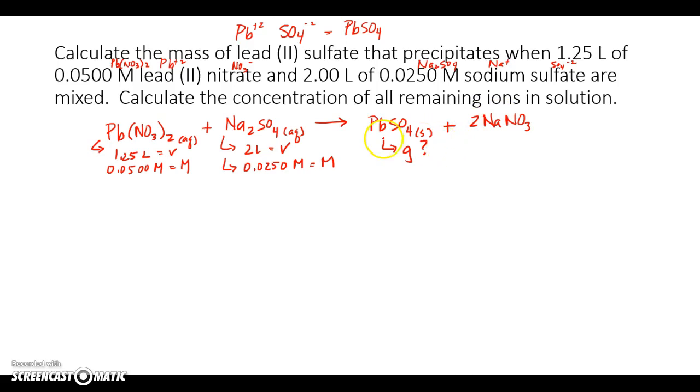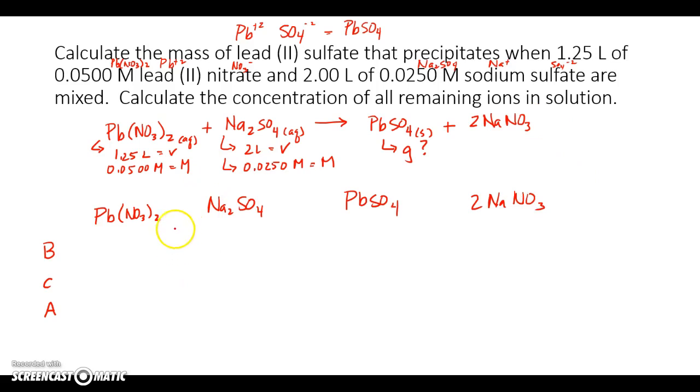So this brings us back to the BCA table. For the BCA table, remember, you can always only be working with moles. So we'll start off with our equation, Pb(NO3)2, then we have Na2SO4, PbSO4, and 2 NaNO3.